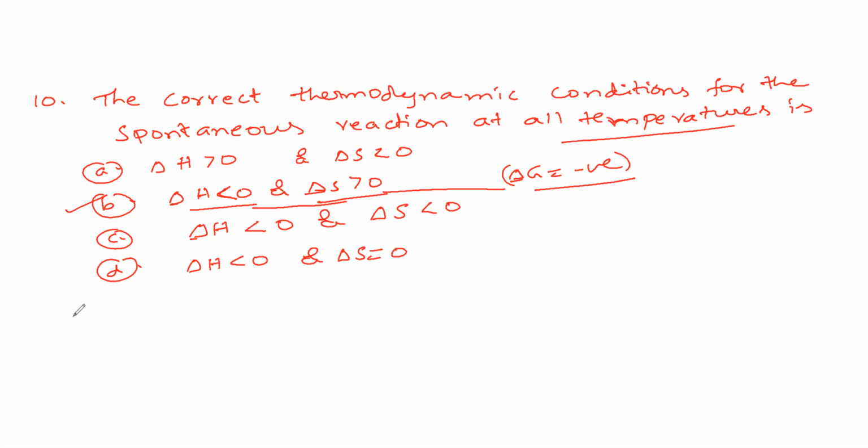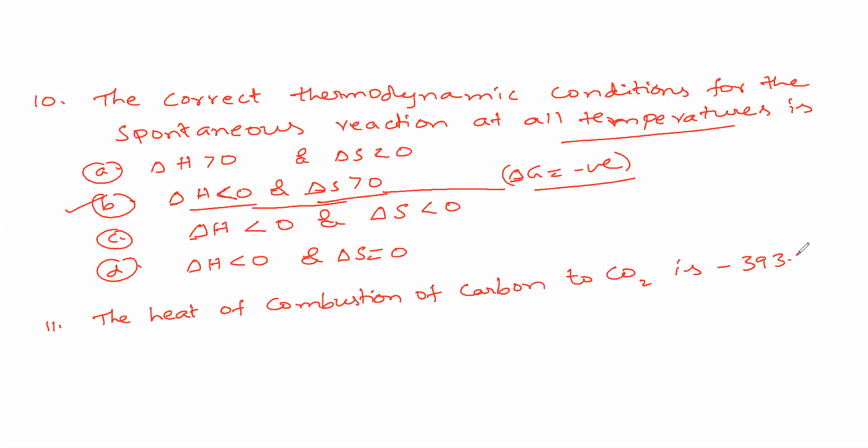This question we have already done, but still we'll do. Again, this is another model. This is also a NEET 2015 question. The heat of combustion of carbon to carbon dioxide is minus 393.5 kilojoules per mole.